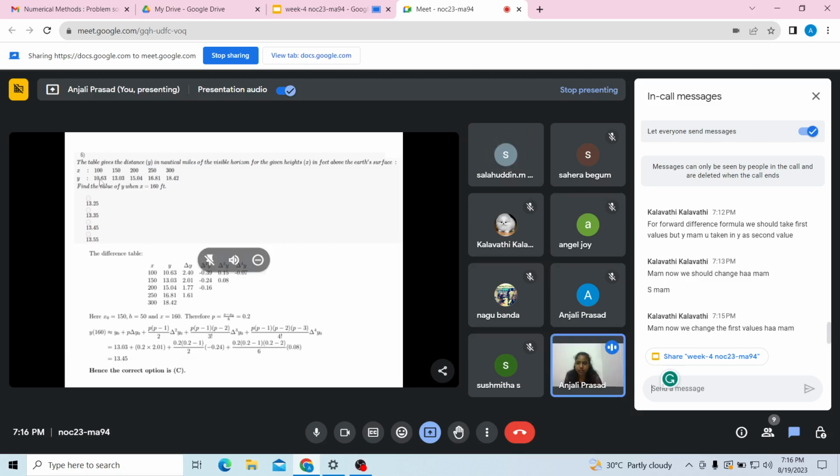Just take x naught as 100 and y naught as 10.63. Then the first value, that is del y naught, you take 2.40, del square as minus 0.39, del cube as 0.15, and del 4 as minus 0.07. Take those values and try, okay? I hope you will get 13.45. Are you getting it with those values? Yes, ma'am.